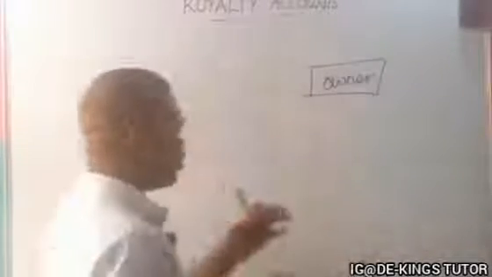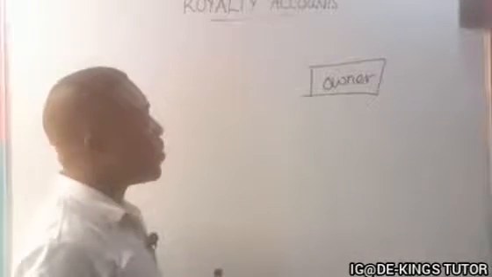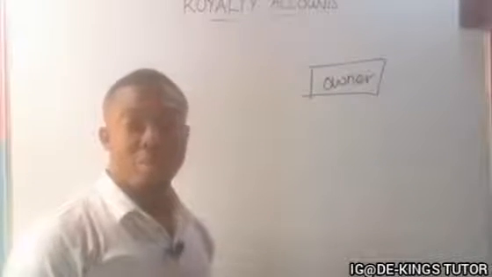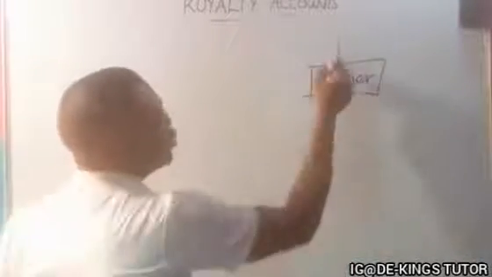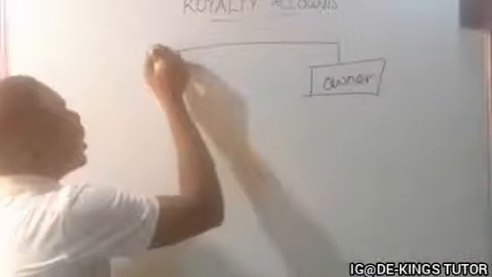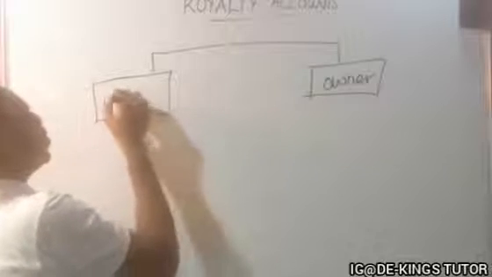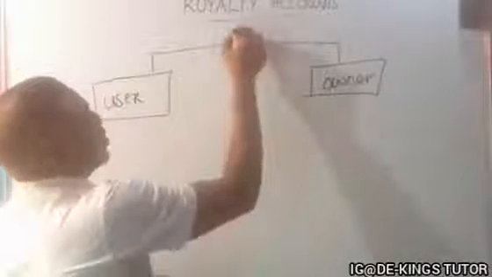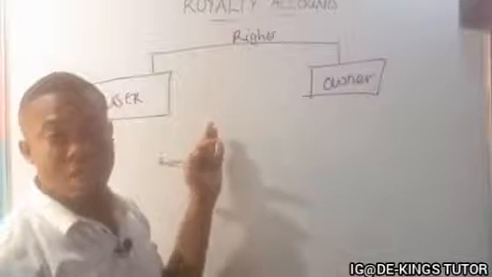Now, if an author writes a book, probably he might approach a publishing house to help him publish the book. The owner might give his right to the publishing house. The publishing house can be called the user, giving him the right to mass produce that commodity.